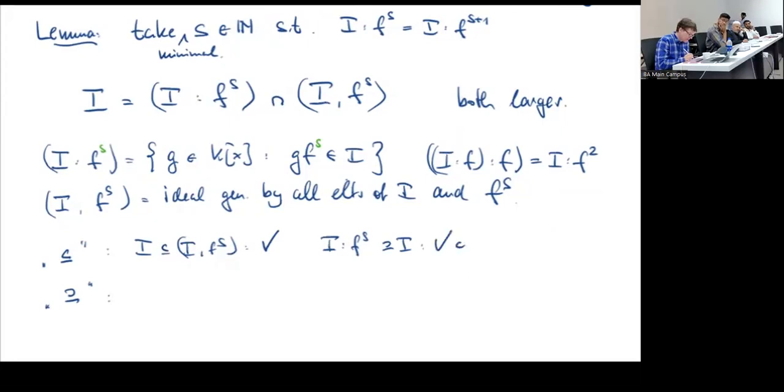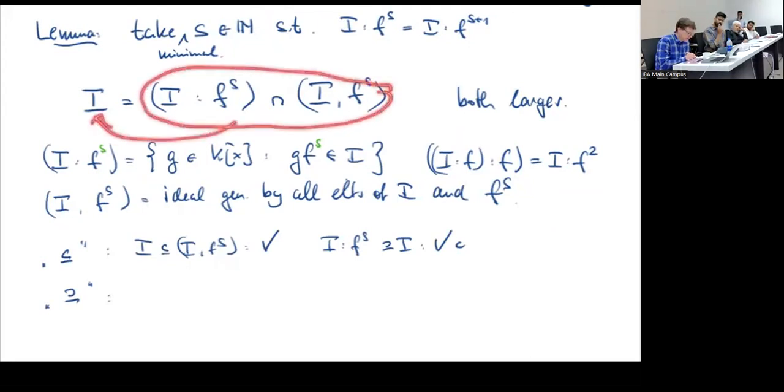Okay, and this one is a little trick. Last chance, anybody wants to say the trick? Okay, so I will lead us through the argument. We want to show that something that's in both is in this side.